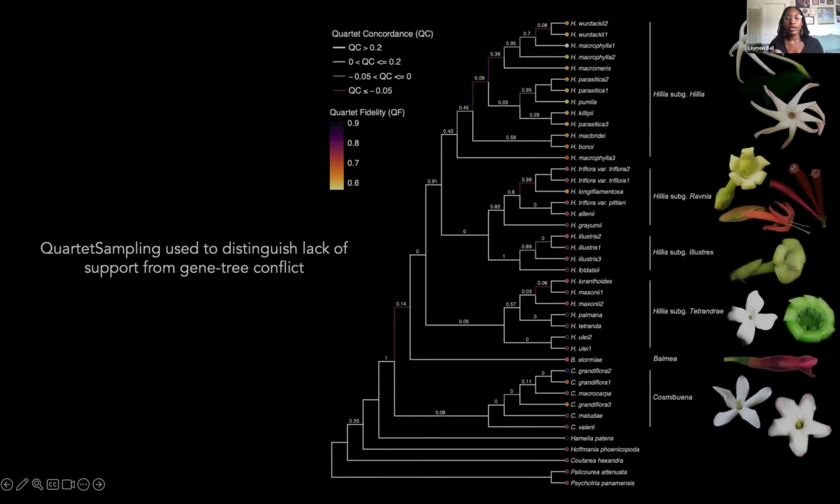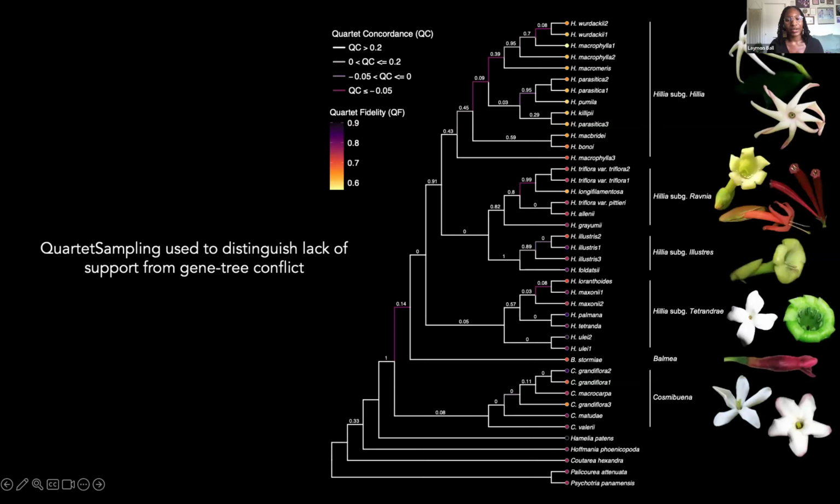And so to better understand some of the potential sources of gene tree discordance, I used this program called Quartet Sampling. And so this program calculates a few different quartet-based scores, and then you can use those to better understand whether gene tree discordance is coming more from a lack of information or support, or if there is evidence of incomplete lineage sorting or another biological process outside of incomplete lineage sorting causing discordance.